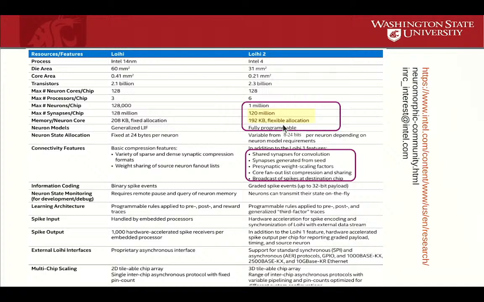The local memory that is usually used for configuration and for storing synapses, storing the connectivity of the graph, they've kept relatively small. On the other hand, they increased the ways that this network can be connected, including random connectivity generation on chip, so that speeds up a lot the creation of the network.